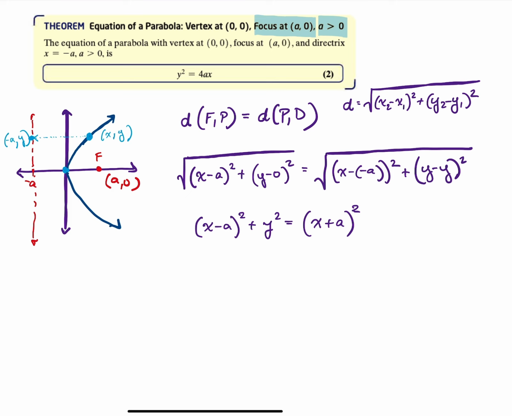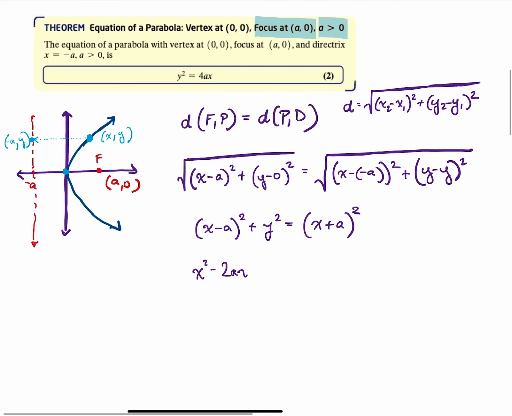On the left side, squaring x minus a should give us x squared minus 2ax plus a squared. We still have that plus y squared. And then let's expand out the right side. That will be x squared, this time plus 2ax plus a squared.